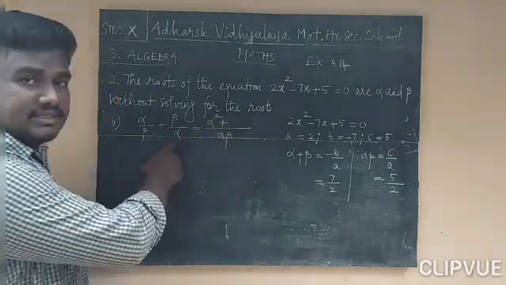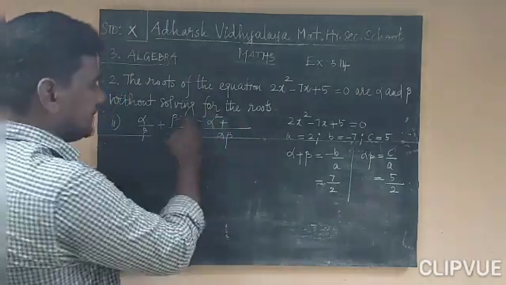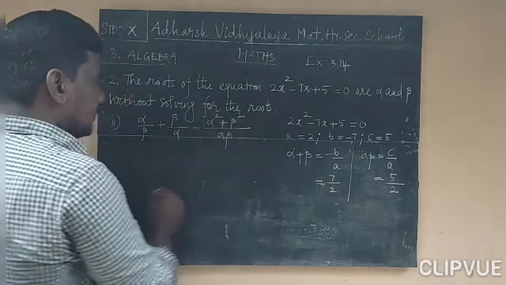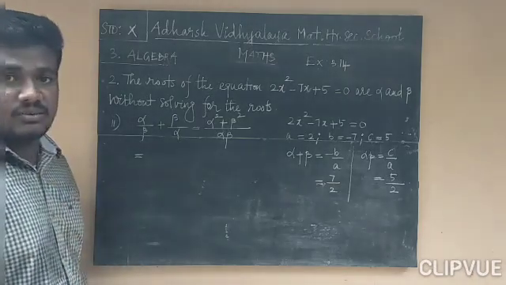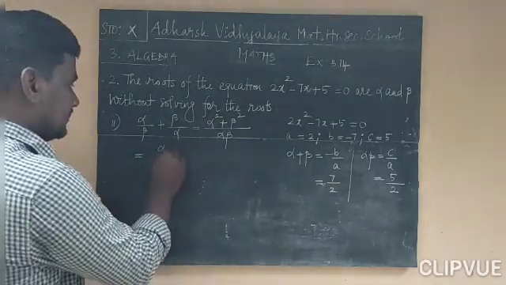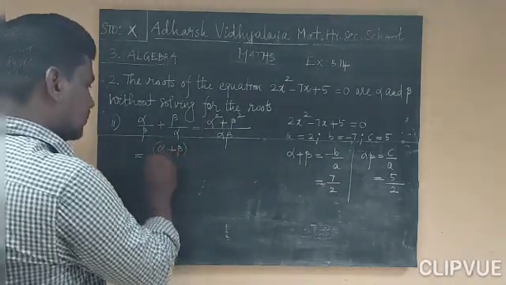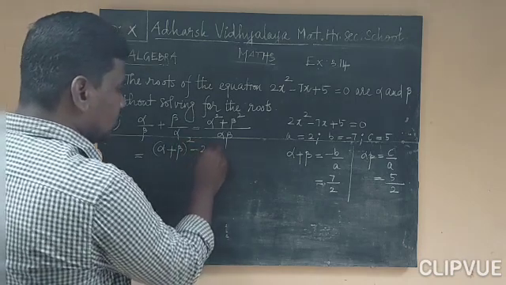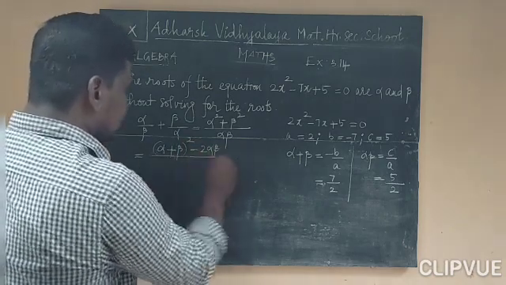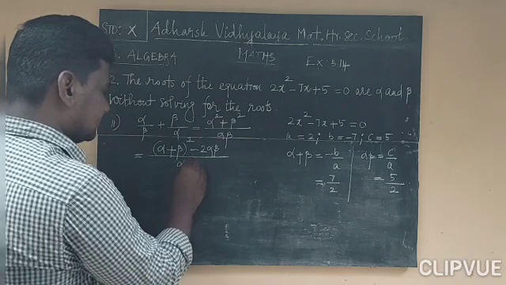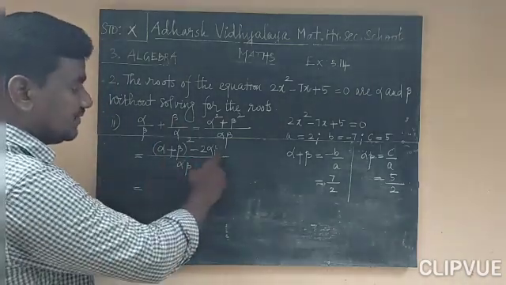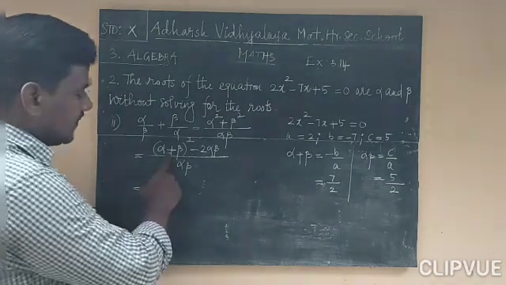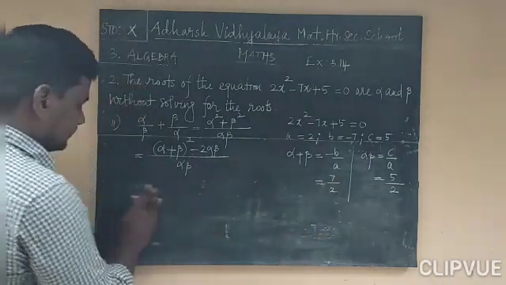Here beta is missing, it will be multiplied by beta, so beta into beta, beta square. And we have learned that formula, alpha square plus beta square is equal to alpha plus beta the whole square minus 2 alpha beta, divided by alpha beta. Now I am going to replace the values of alpha plus beta and alpha into beta here. What is alpha plus beta? That is 7 by 2.